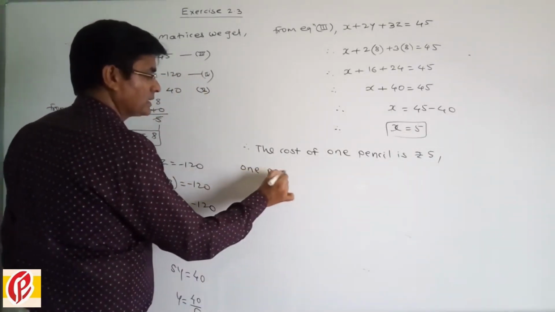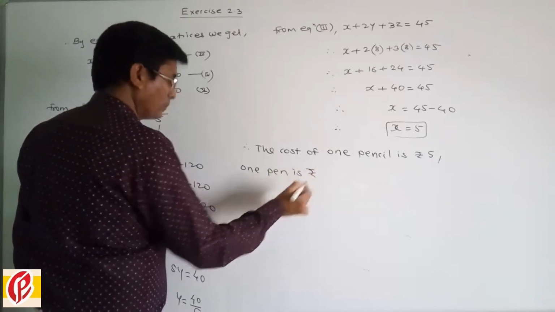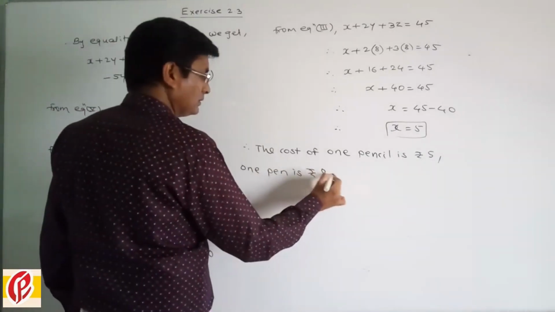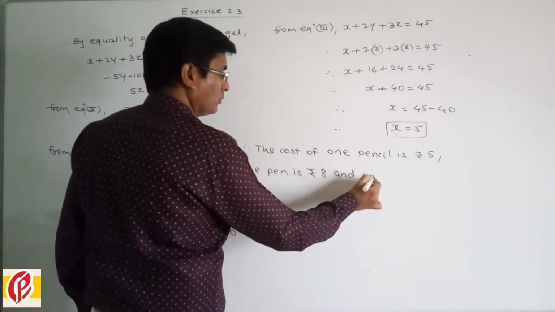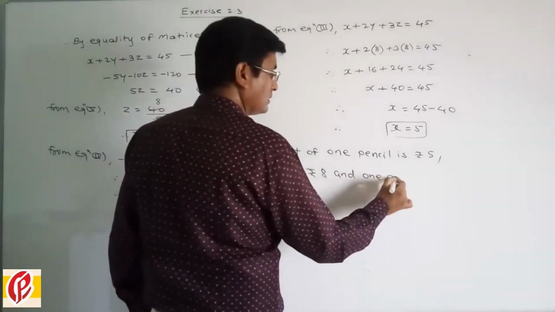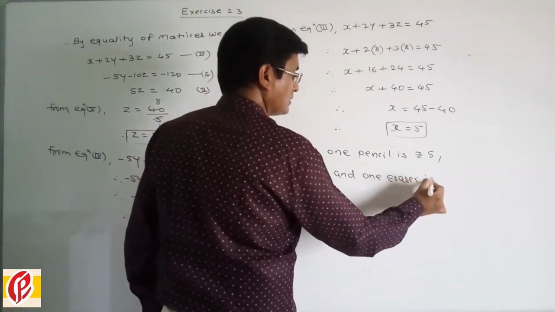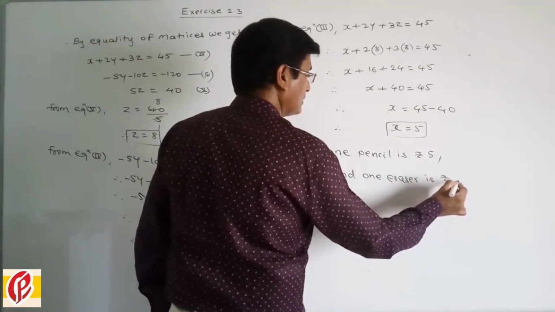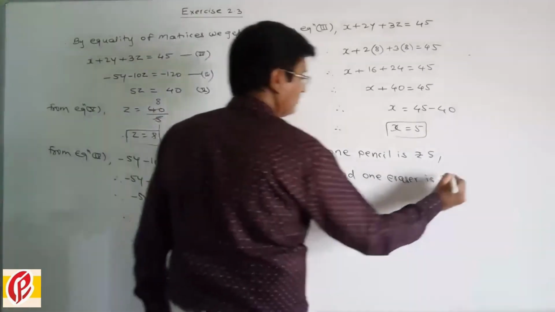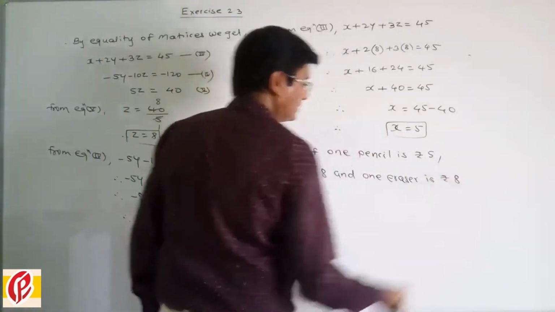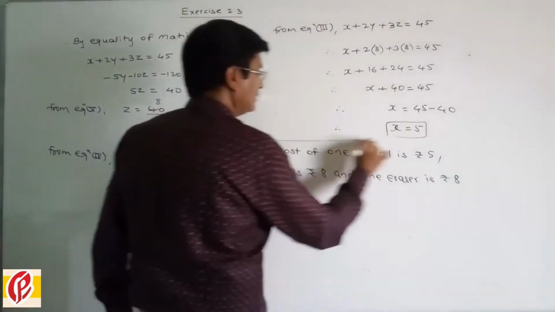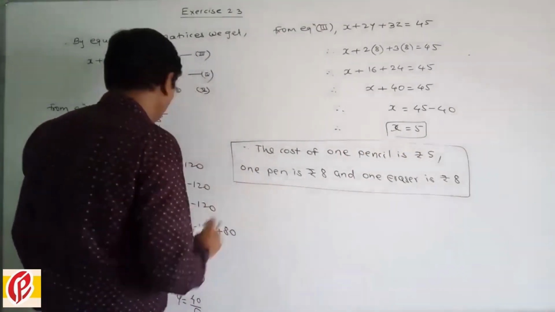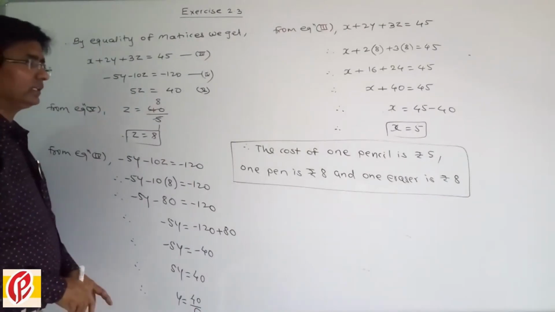One pen is rupees 8 and one eraser is rupees Z, sorry, that is 8. So this way we get the answer by using the reduction method.